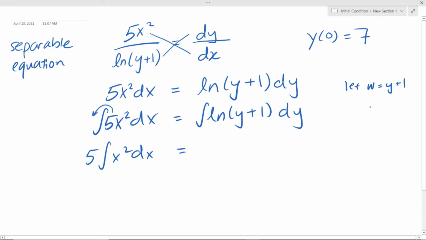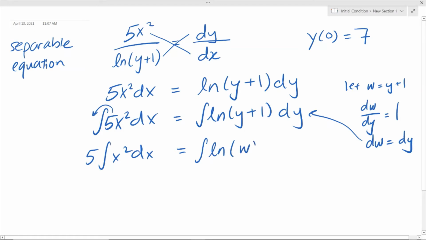And then what's going to happen is we can differentiate this, so dw over dy is going to be equal to 1, and then we have to multiply dy on this side, so dw equals dy, and we can substitute this dw into this dy right here, and of course y plus 1 is going to become w, so we're changing all these y's into w's. So here it's going to be ln w instead of ln(y plus 1), and then dy is going to become dw, just like that.